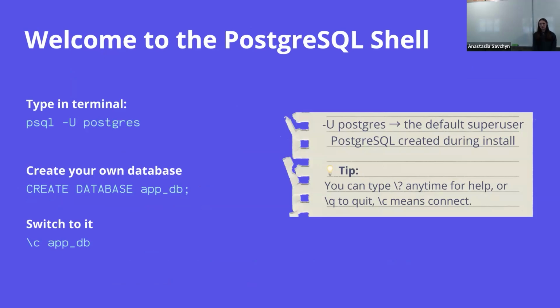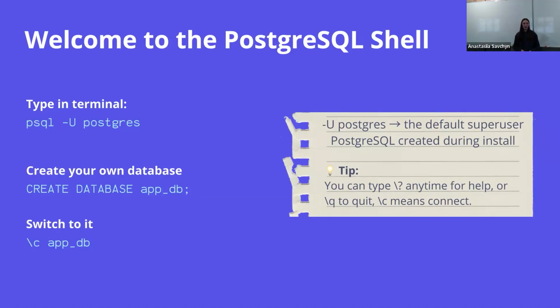So, how to work with Postgres. You will install it and you will have it available in your terminal. To do something, you have to go into the PostgreSQL terminal from your own terminal. So that is why you have this command: psql -U postgres. What it means is that PostgreSQL by default creates for you a superuser that can do anything.